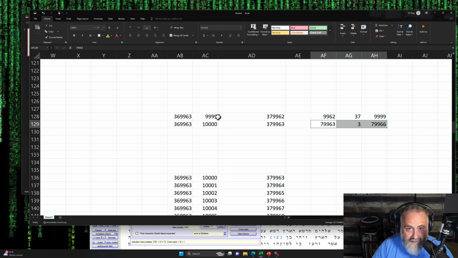With that being said, it is interesting that when we get up into the 10,000s, taking the last 4 digits, that sequence continues to work up into a certain point, and then it breaks again.